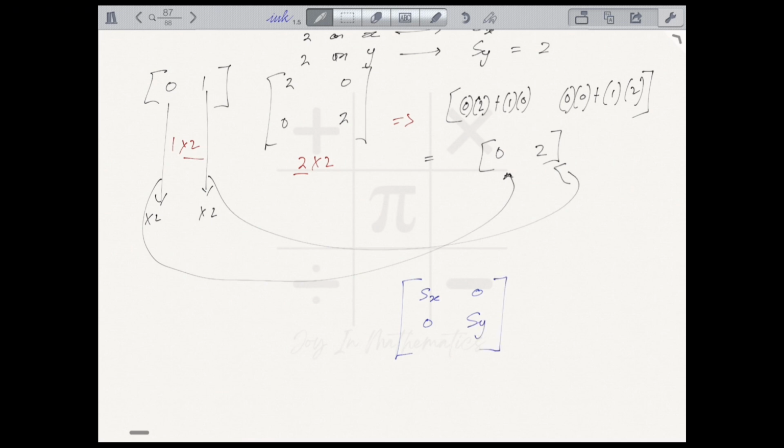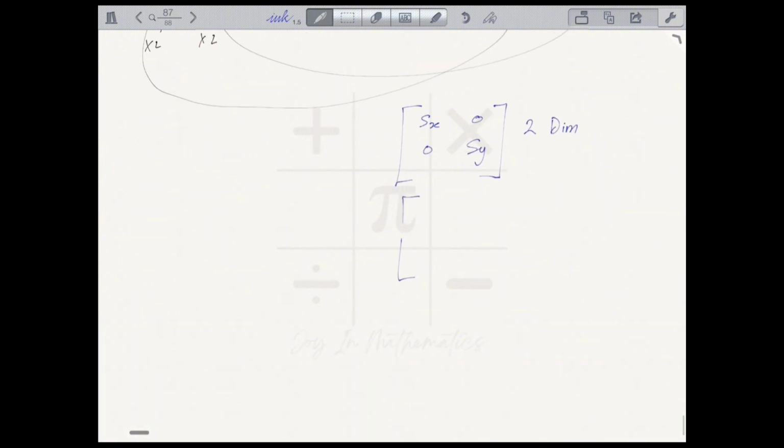That's for scaling on 2-dimensional. And on 3-dimensional, it will be sx, 0, 0, like an identity matrix, 0, sy, 0, 0, 0, and sz. So this will be 3 dimension.